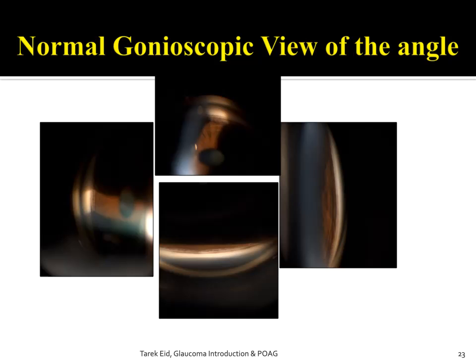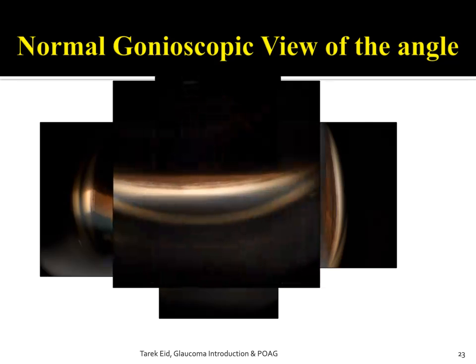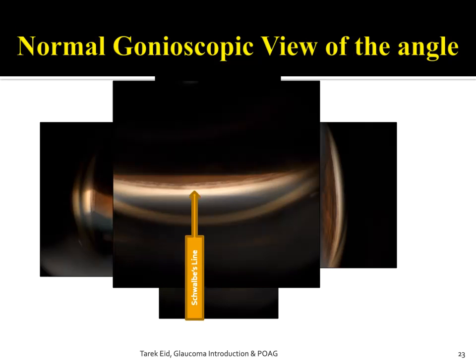What we can see in the anterior chamber angle, this is the view of the anterior chamber angle with superior, inferior, temporal, and nasal. So what is the anatomy of the angle that we should see? First, we see Schwalbe's line, which is the termination of Descemet's membrane of the cornea, and this is a white band at the termination of the cornea.